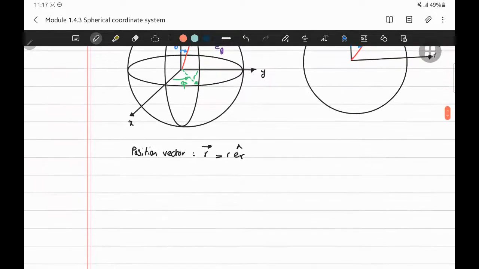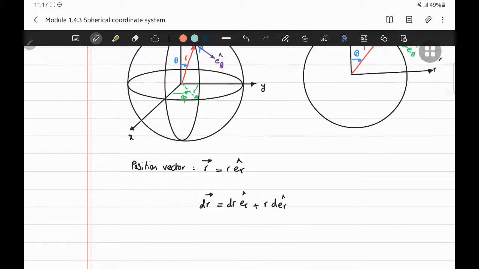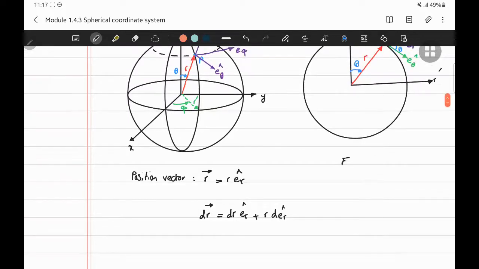And when we want to find dr, we basically have dr e r plus r d e r. And we desire to find this d e r. So let's call this figure, figure 1, and this is figure 2.